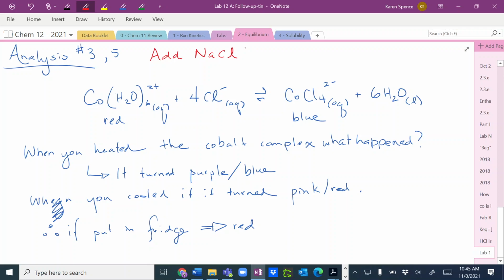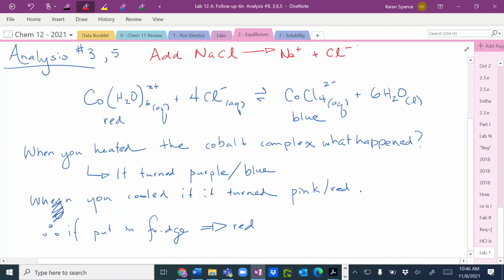What are we really adding if we're adding NaCl? What does it do in solution? It dissolves and dissociates into what? Na plus and Cl minus.